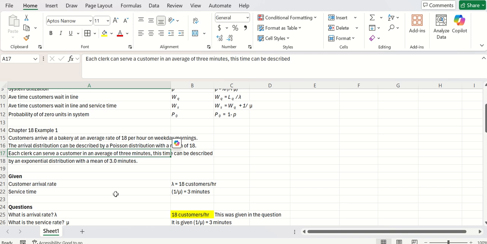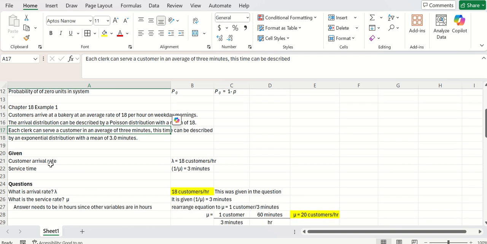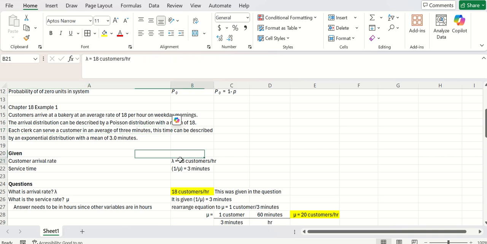Again, this is an exponential distribution with a mean of 3 minutes. So what we have been given is that our customer arrival rate, which is lambda, is 18 customers per hour, and our service time, which is 1 over mu, is 3 minutes.